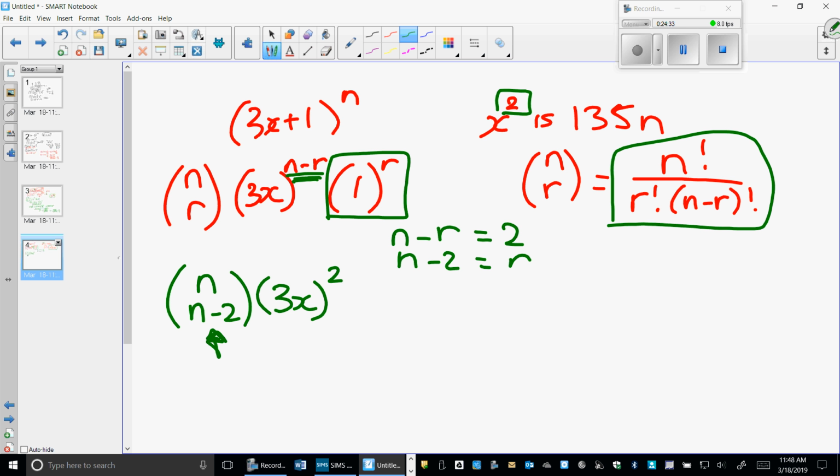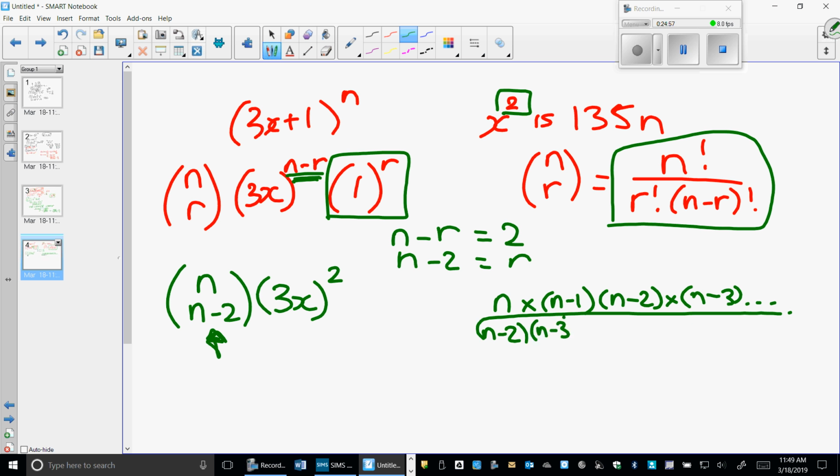Now, n factorial means n multiplied by n minus 1, multiplied by n minus 2, multiplied by n minus 3, etc. This here, r, we know is n minus 2. So that would be n minus 2 multiplied by n minus 3 multiplied by n minus 4, and so on.